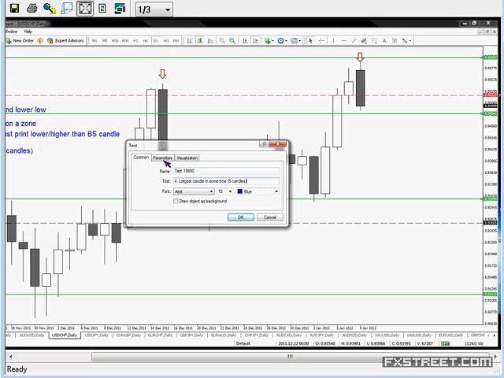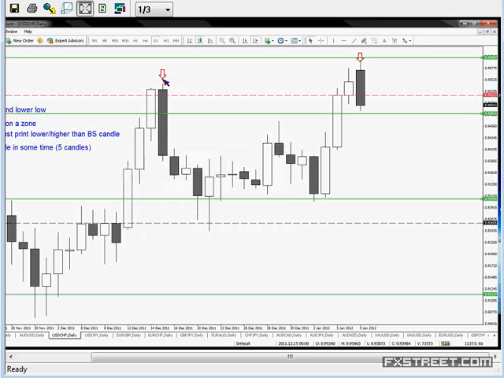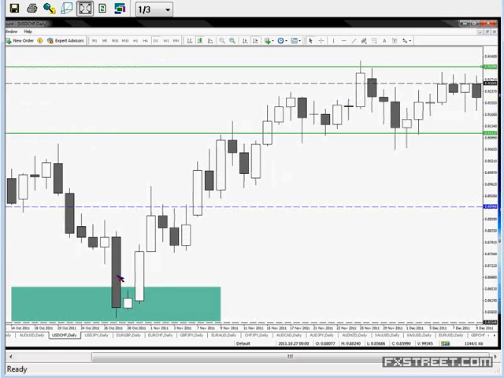That's about 157 pips. Is it bigger than this candle down here? Yeah, it is. This is only 141. So this is the largest candle. It's definitely bigger than that one, and bigger than that one. We'd have to go all the way back to maybe this candle, or possibly this candle, to see a candle as big. So it's definitely the largest candle we've seen in 5 candles.